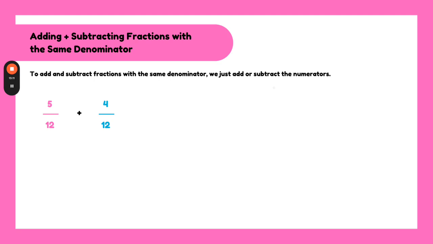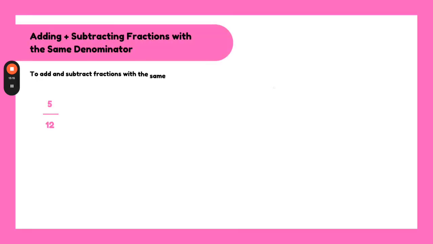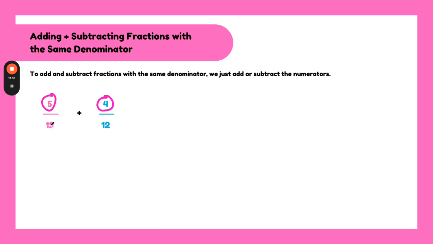So in our example here, we have a sum of 5 over 12 plus 4 over 12. If we want to add fractions with the same denominator, we just look at the numerators and add them together, and we keep the denominator the same.